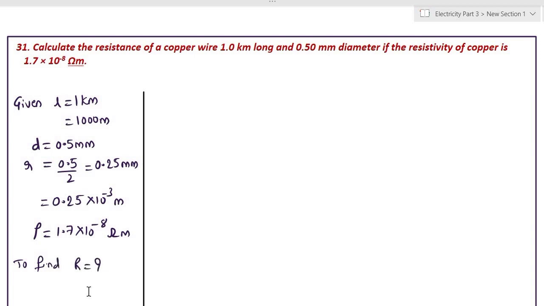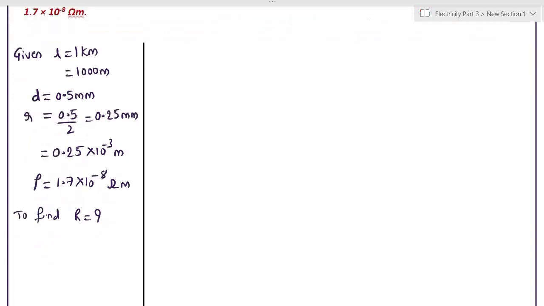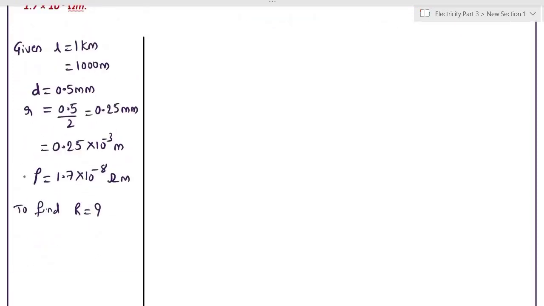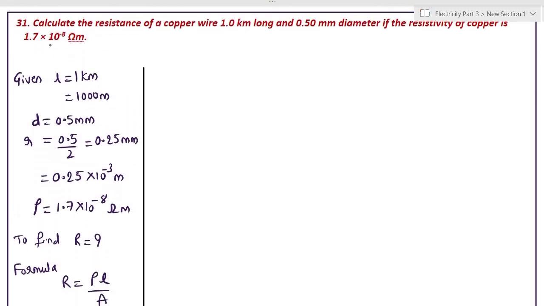We know the formula to be used: R is equal to rho into L divided by A. Let us solve the problem now. What is rho here? 1.7 into 10 to the power minus 8 ohm meter.